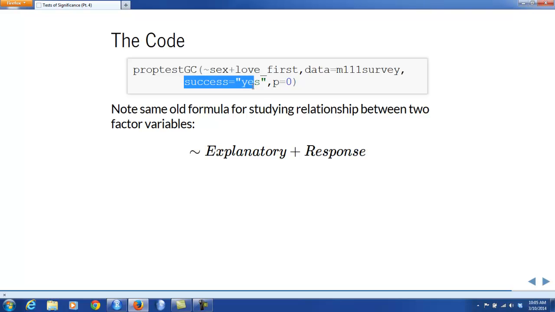We have to be careful to specify what we're counting up here. Since we're looking at the proportions of males and females who believe in love at first sight, we're counting up yeses. We need to tell the function that yes shall count as a success. We want to do a test, so we need to add in the p argument, and the null hypothesis thinks that P1 minus P2 is 0.